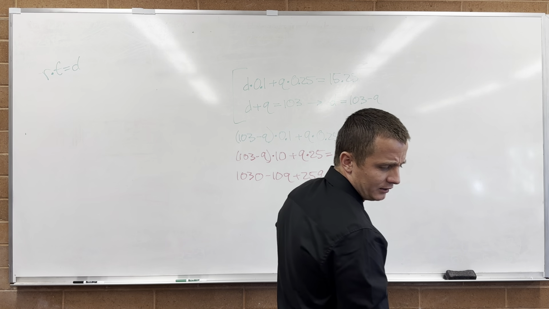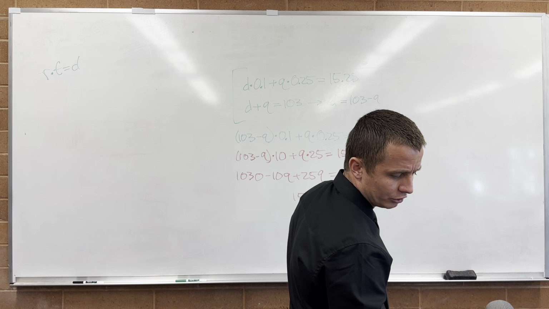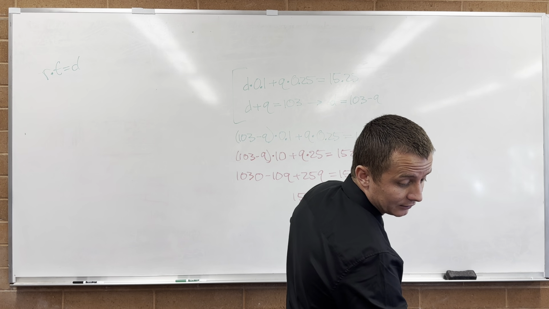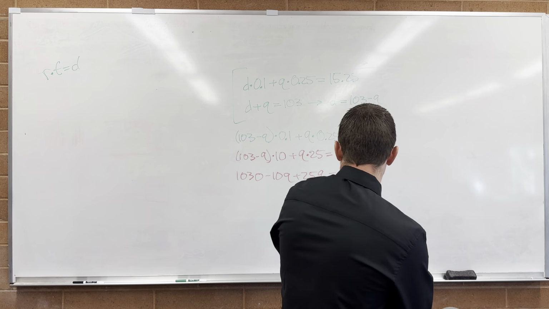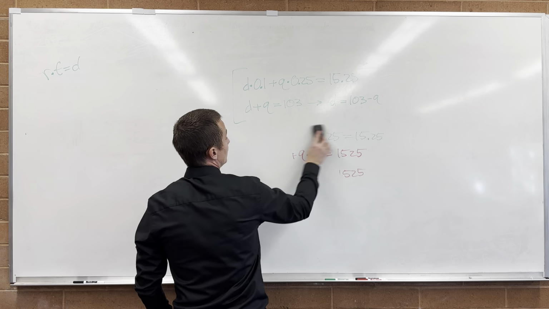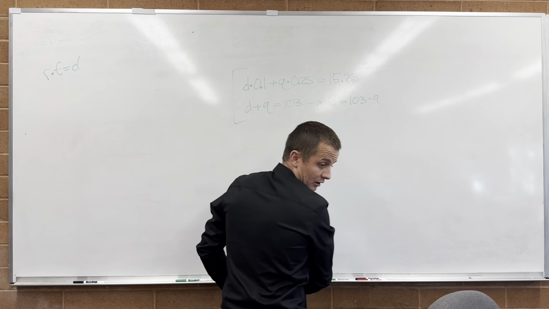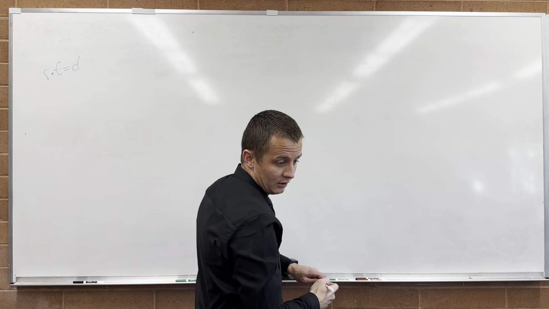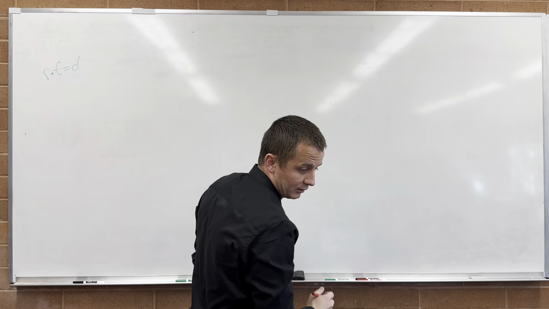Next one. A tank contains 8,000 liters of a solution that is 40% acid. How much water should be added to make a solution that is 30% acid? So let's see, the right way to think about this.